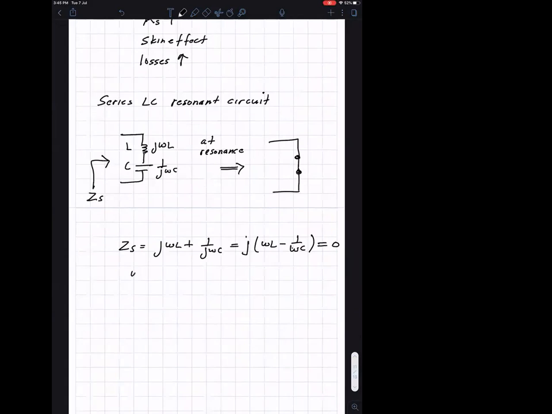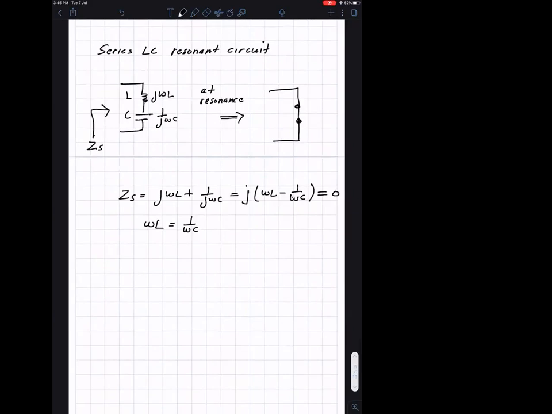If you solve for omega, I don't know if you have solved this before in electrical circuits, omega squared is equal to 1 over LC. So omega is 1 over the square root of LC.